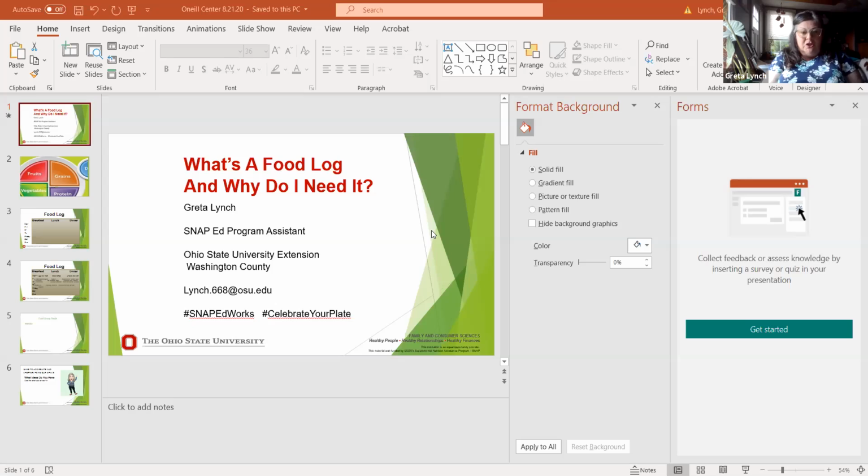So down at the bottom of the screen, a couple of extra information pages. One is #SnapEdWorks, and one is #CelebrateYourPlate. Let me talk about Celebrate Your Plate. Sometimes as cooks, we get a little bored with some of the things that we are consistently cooking, or we just would like to have healthier recipes, but we really don't know where to look.